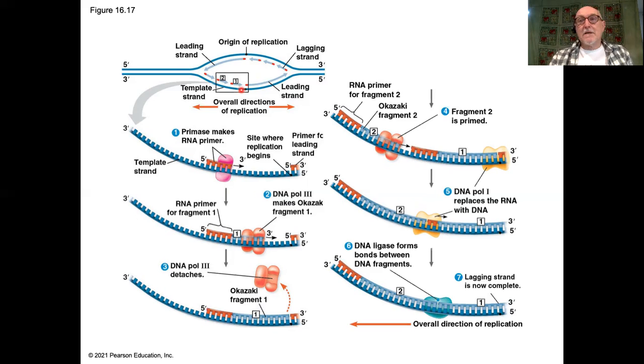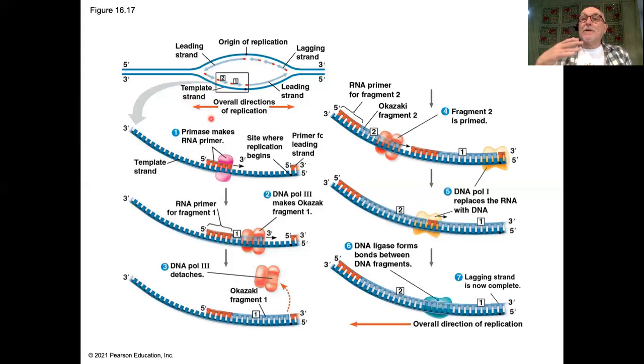So what happens on the lagging strand is that we have these fragments which are called Okazaki fragments. And they arise simply because we are laying down in the opposite direction to the way that the strand is opening. So we continuously have to relay down.